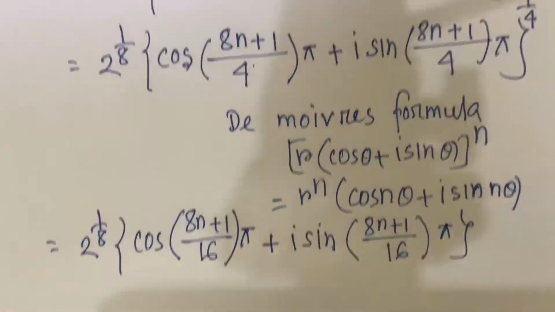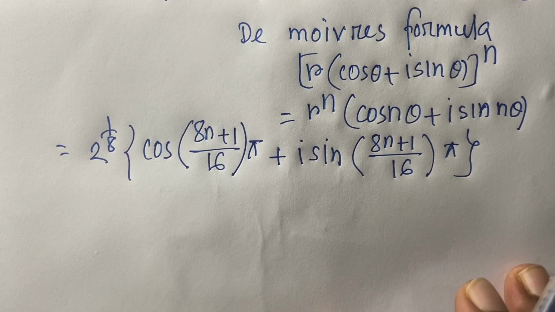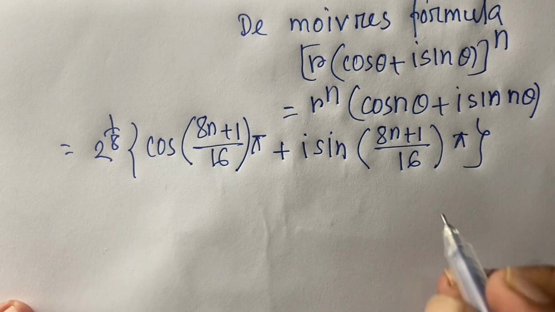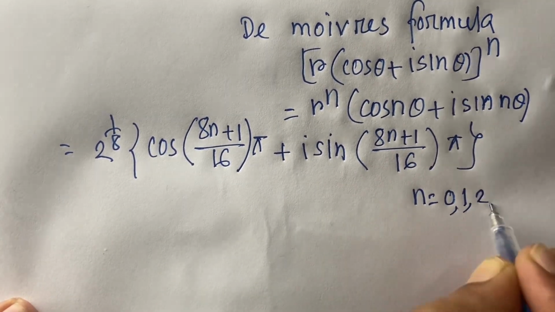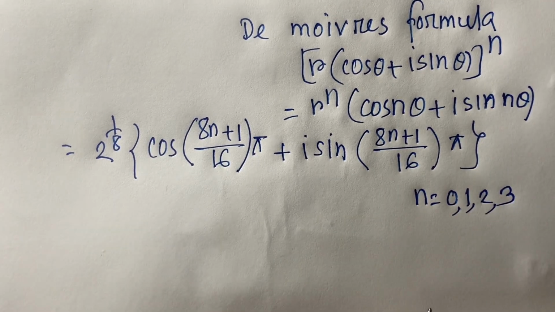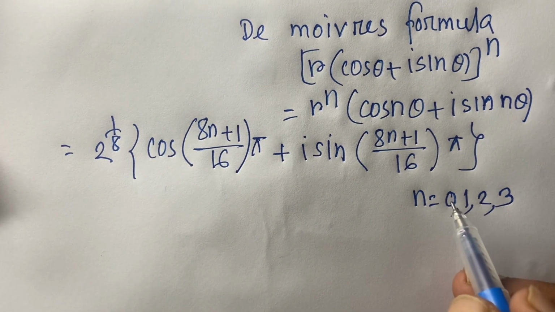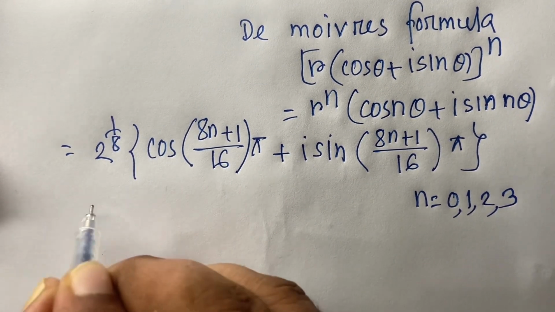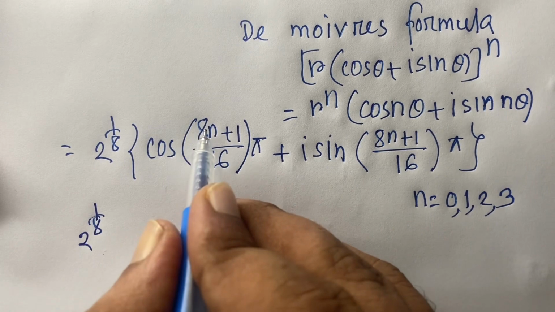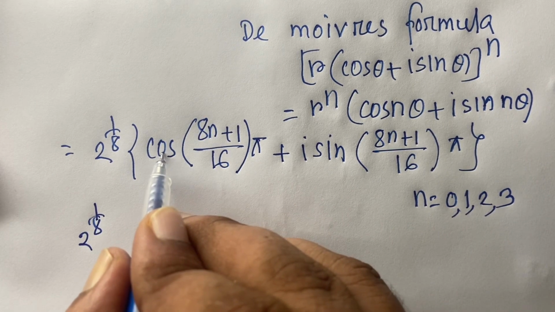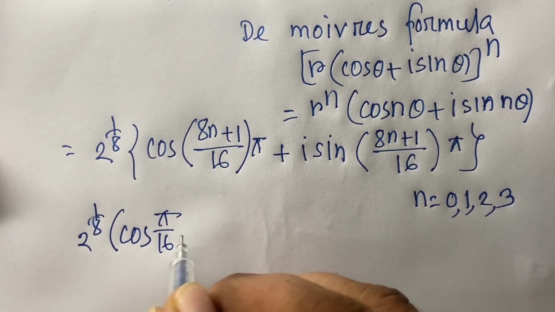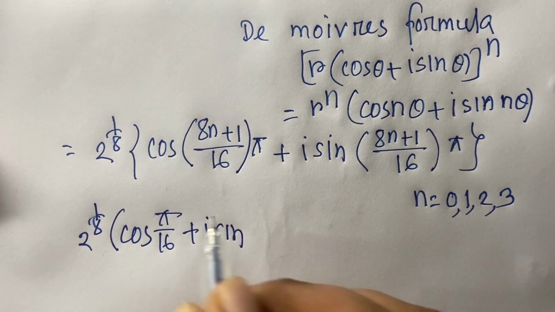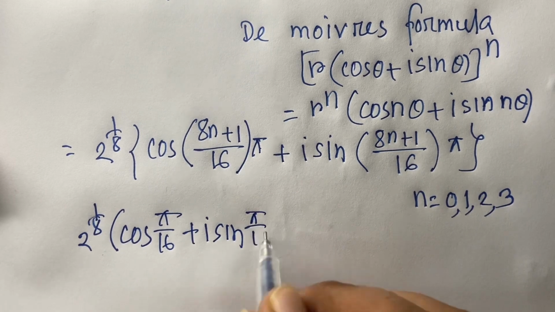But in this case, n is equal to 0, 1, 2, 3. If I put these values in this equation, when n is equal to 0, it will be 2 to the power 1 over 8 times cos pi over 16 plus i sin pi over 16.